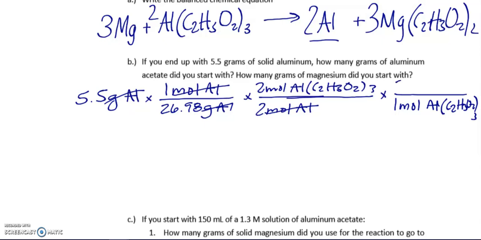I got 204.13. So this will tell you how many grams of aluminum acetate came from 5.5 grams of aluminum. So I got 41.61.